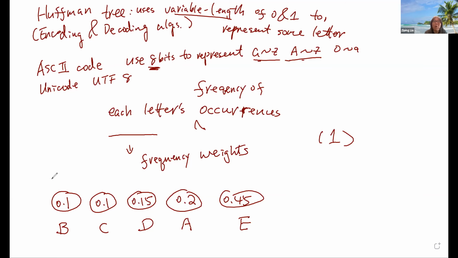Okay, so you can sort all of the unique letters by their frequency of occurrence in ascending order, like this.